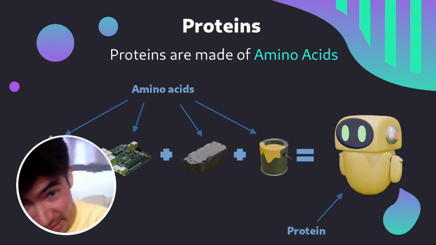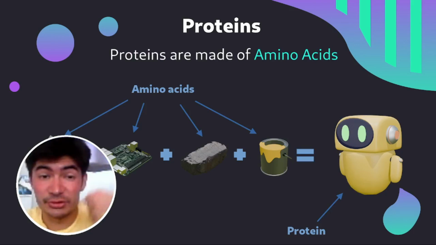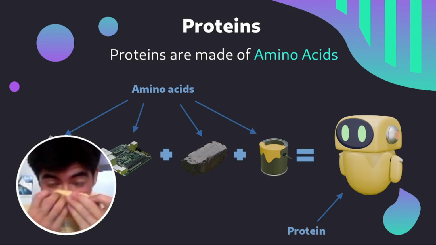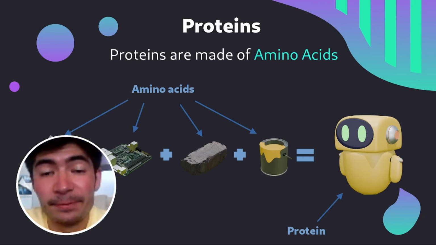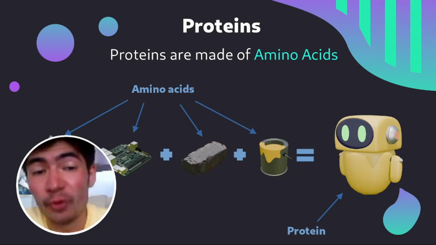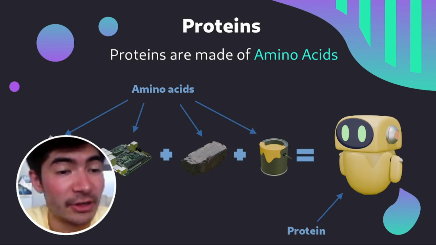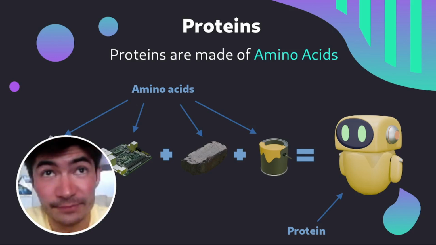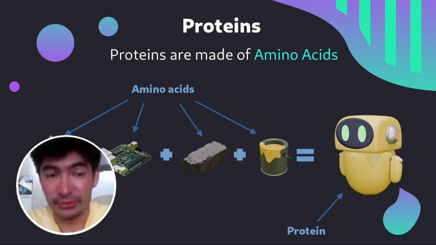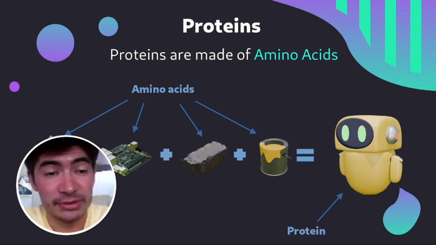So if you look at this example here, we have our protein robot, our molecular machine on the right, and then the components that we need to make that robot. So what I thought of was we need our fasteners, our bolts, to connect things together. We need our electronic components.